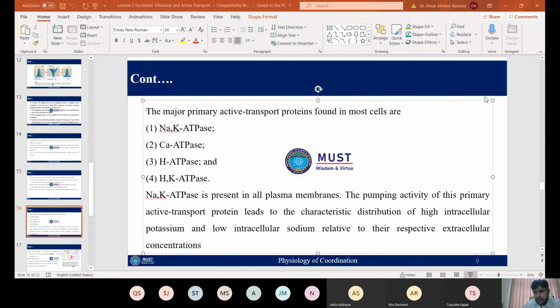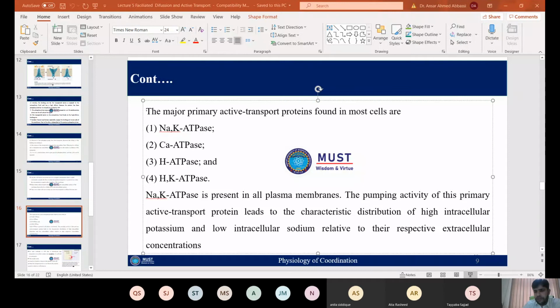And as you know that 3 sodium are moving, and in response 2 potassium are moving inside, so definitely there will be fewer positive charges on the inner side of the membrane as compared to the outer side of the membrane. So net transfer of the positive charges will be increased, and the transport process is not electrically neutral. This process is not electrically neutral.